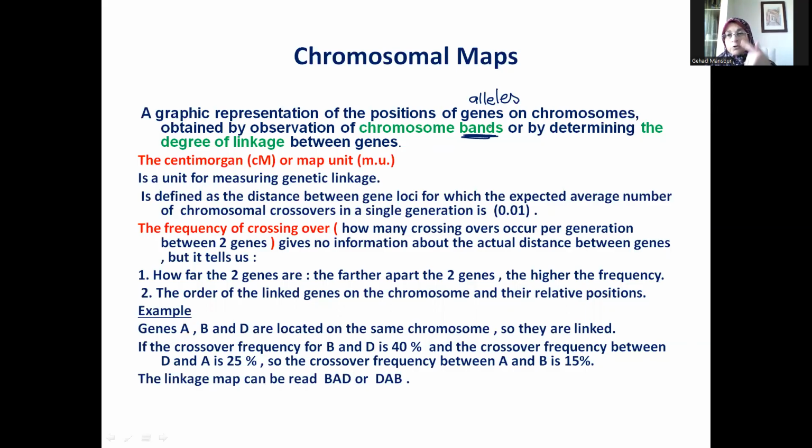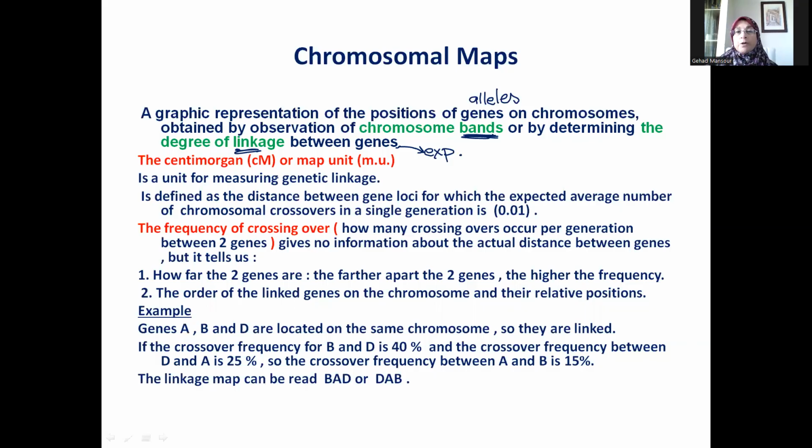Of course, if you are visualizing it under the microscope and you stain the chromosome, you would have bands of different staining and different shades of gray and black and white, or by determining the degree of linkage and crossing over between the genes, and this is done through genetic experiments.